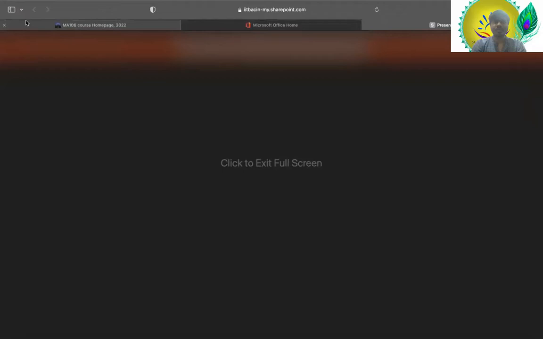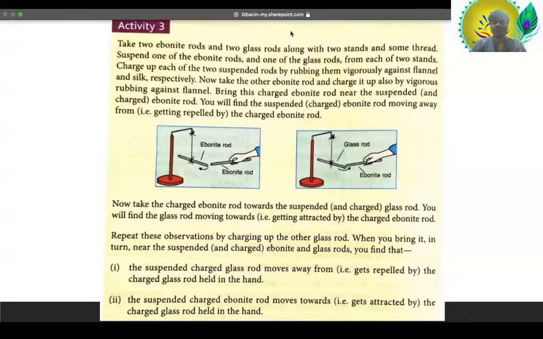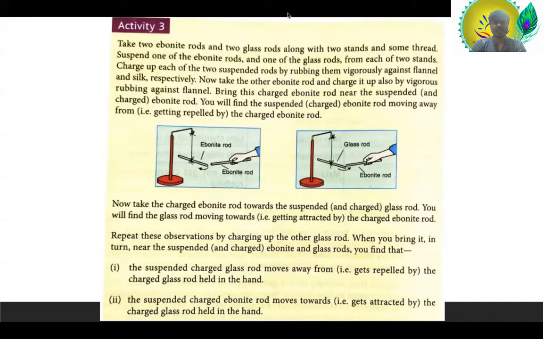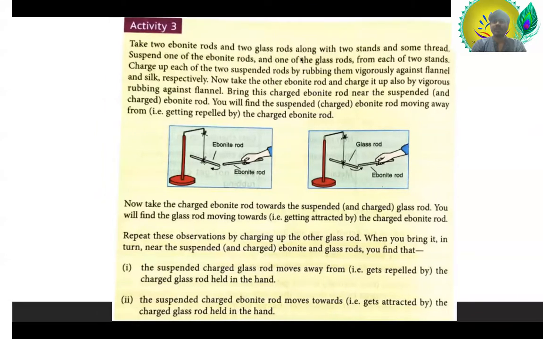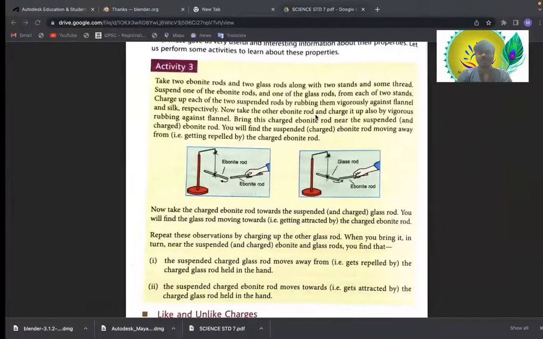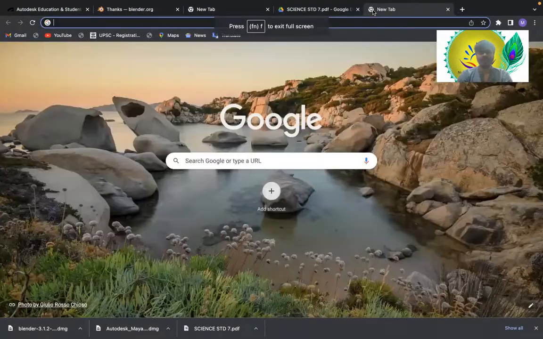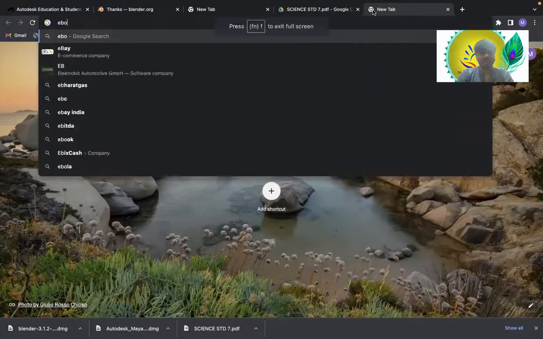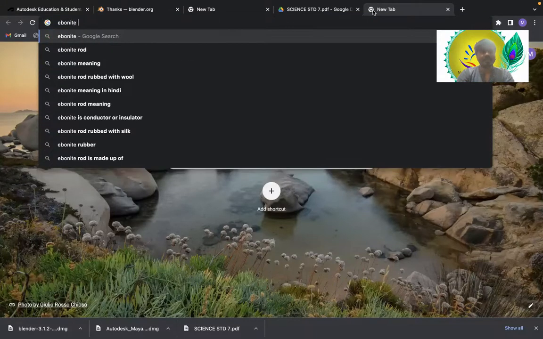I will definitely show you. Yeah. So I was telling you that I will show you what is an ebonite rod. So let me show you an ebonite rod.